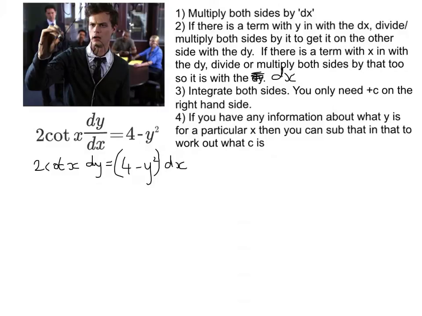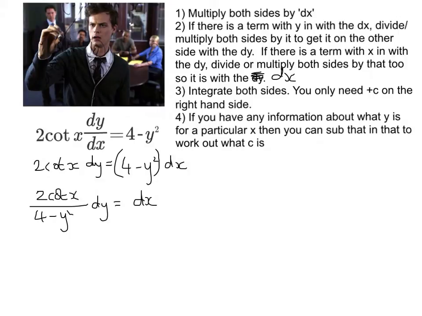Make sure that we haven't got any y's in with the dx. And we've got a term involving y's in with the dx. So I need to divide both sides by that so that that's not on that side anymore. So that will give me 2 cot x over 4 minus y squared dy equals dx.